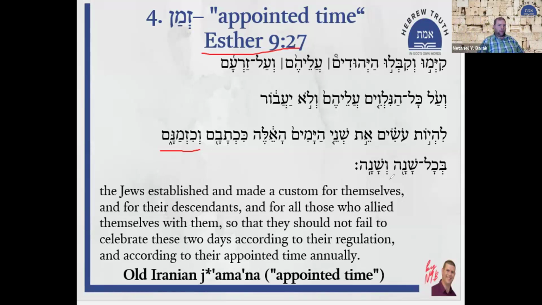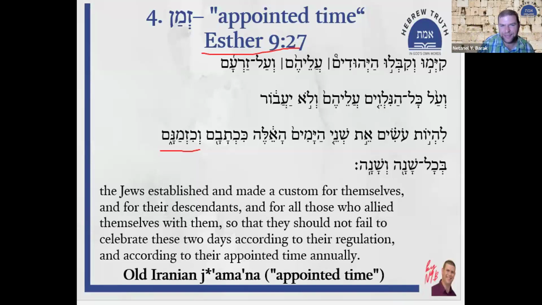The word derives from Greek. So the word zaman derives possibly from Old Iranian. That doesn't make it not Hebrew. The fact that it entered Hebrew, let's say, 2,600 years ago. I entered Hebrew only 40-something years ago. So am I not Hebrew? Okay, very good. So that's zeman.